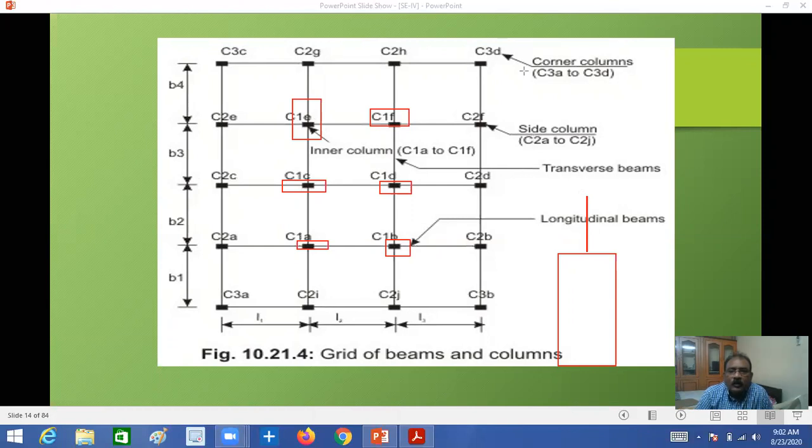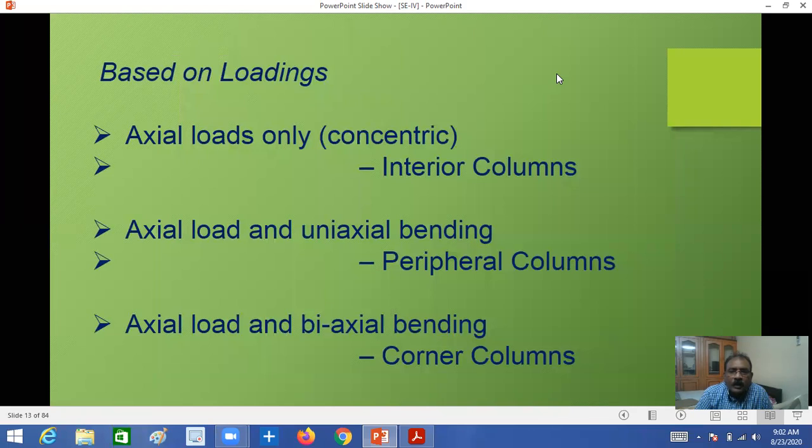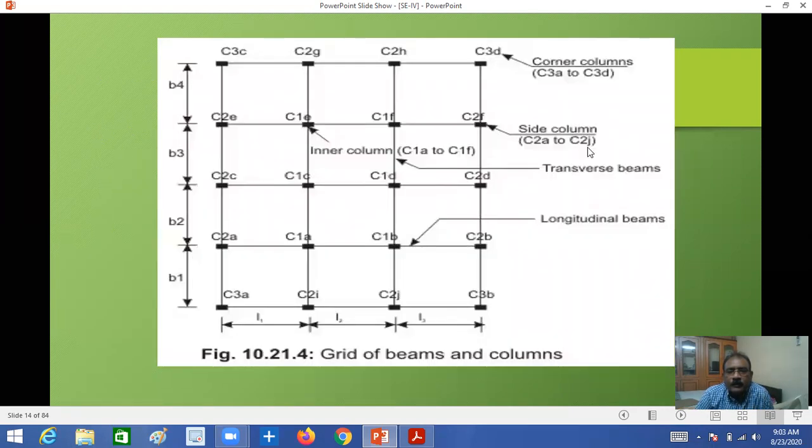Similarly, we have other types. What is the second one here? Axially loaded with uniaxial bending, which are end columns, and axially loaded with biaxial bending, which means corner columns. See, for interior columns there are no moments on both sides. Here, one side has a moment, so this is axial load with uniaxial bending.